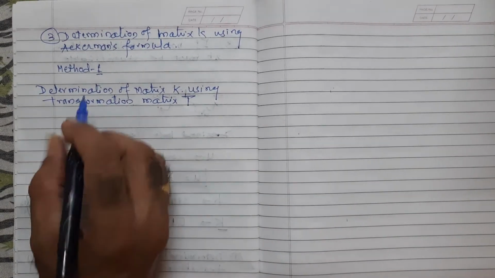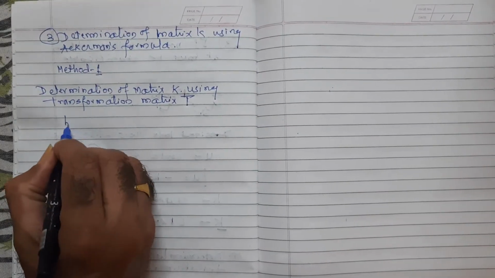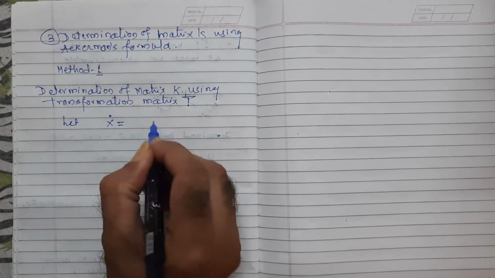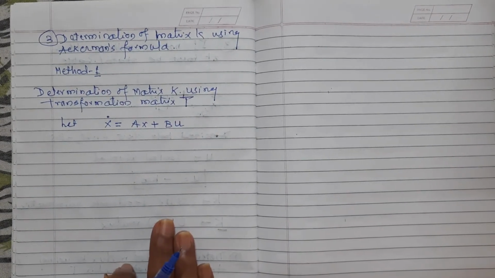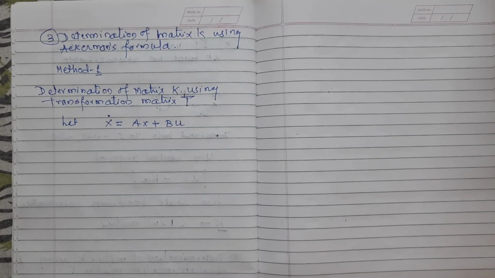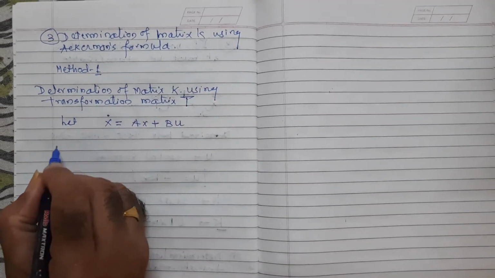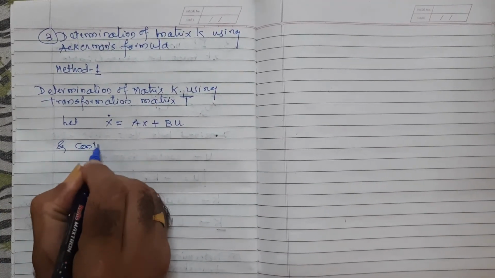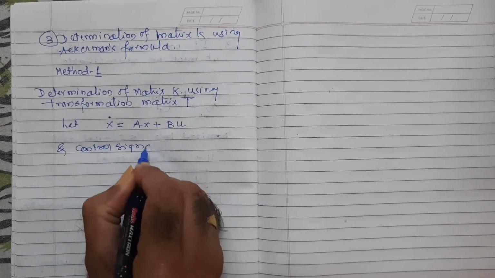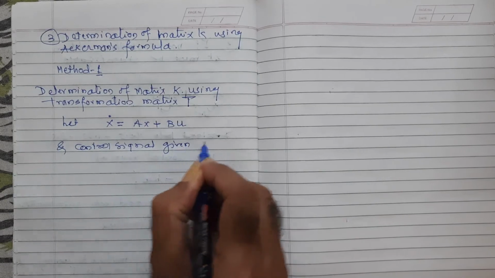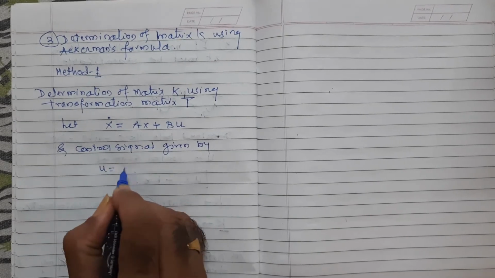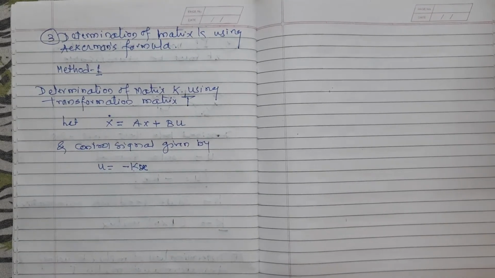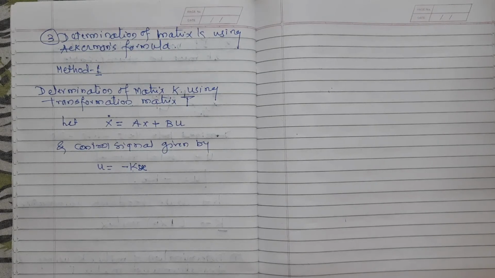Now let x dot equal Ax plus Bu, and our control signal is given by u equals minus Kx.